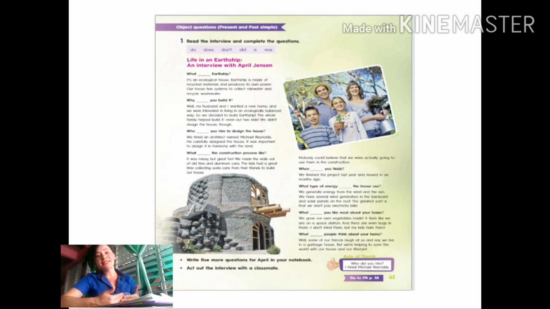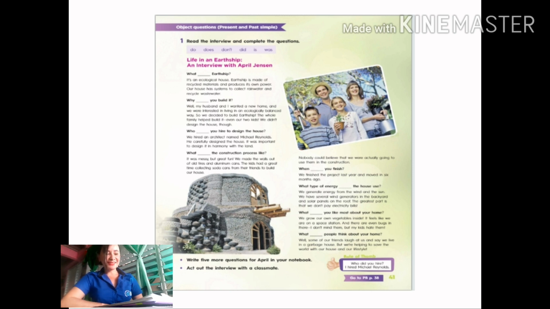Very good. What is an Earthship? Next one, number 2. Well, my husband and I wanted a new home, and we were interested in living in an ecologically balanced way. So, we decided to build an Earthship. The whole family helped build it, even our 2 kids.